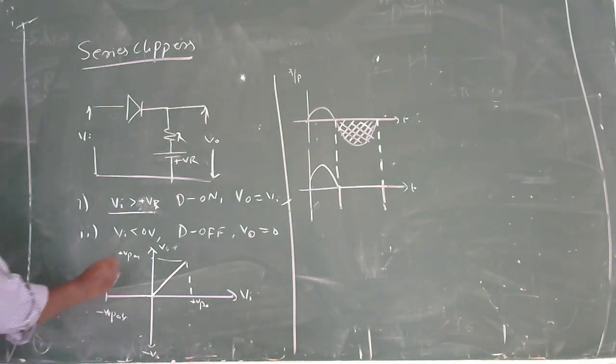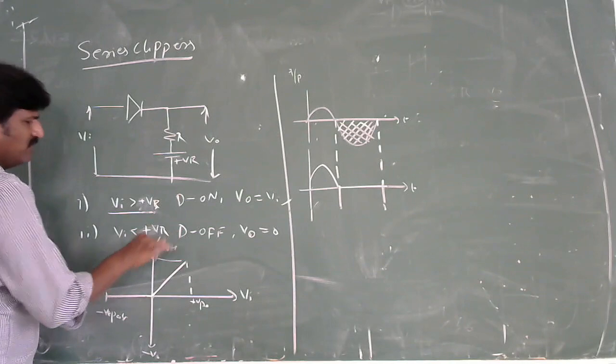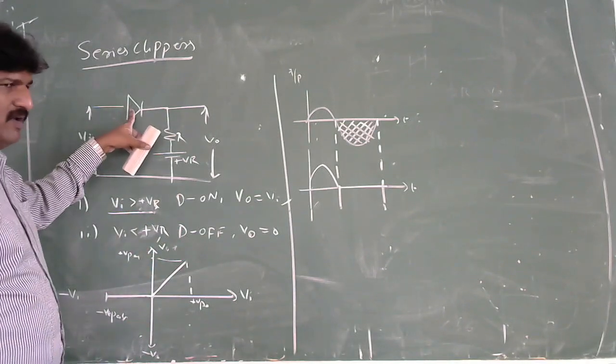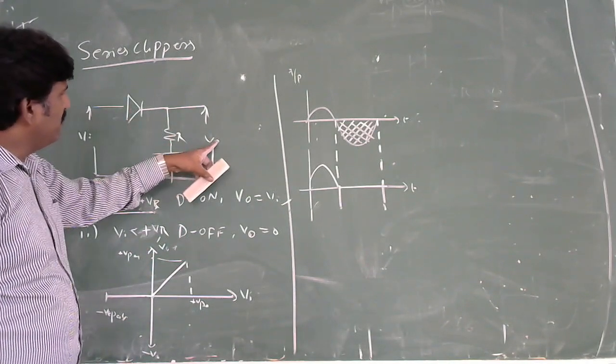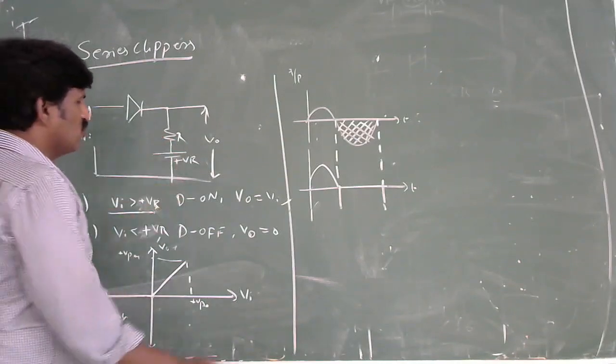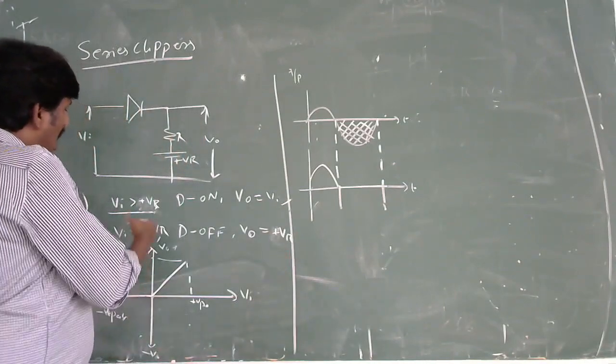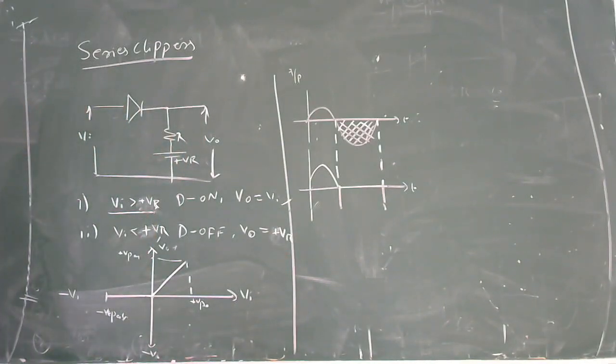If Vi is less than the positive reference voltage, the diode will become off. But V0 is connected in parallel to the resistance and VR, so the output will become the positive reference. Then how is the transfer characteristic for this one? Very simple.